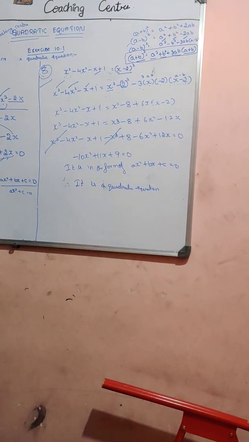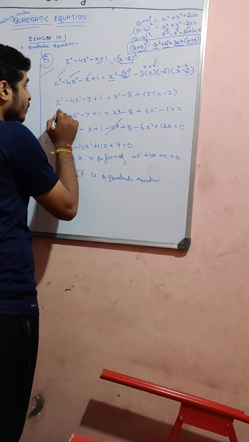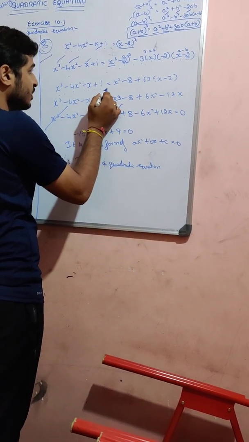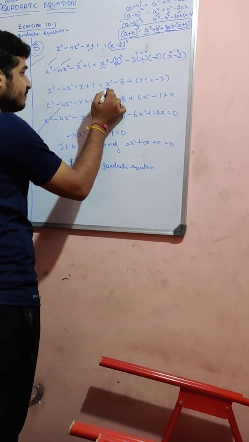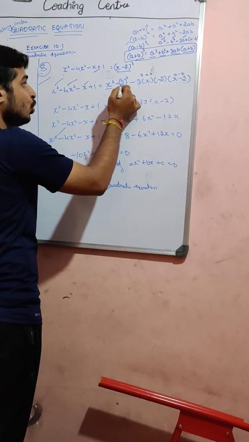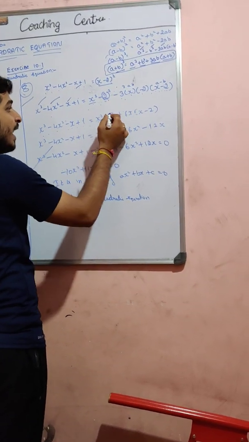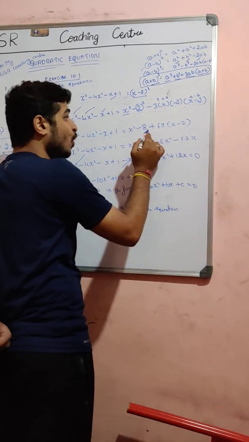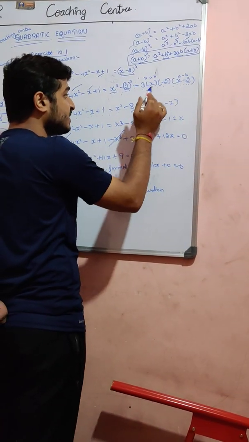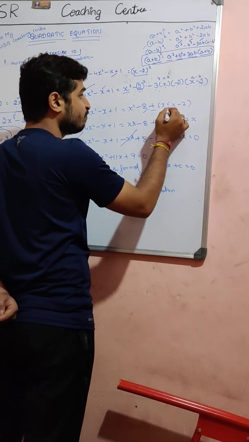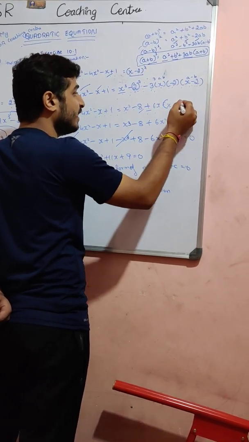Okay, students. Now, x cube minus 4x square minus x plus 1 is equal to x cube as it is we are writing. So 2 cube means 2 2s are 4, 4 2s are 8. So minus we are going to write as it is. So minus into minus, it becomes plus 3 into 2, 6x into x minus 2.